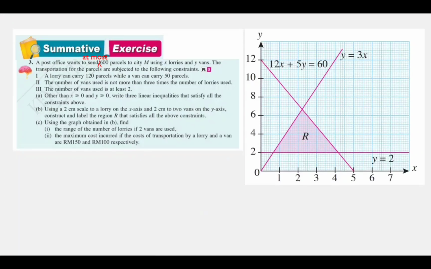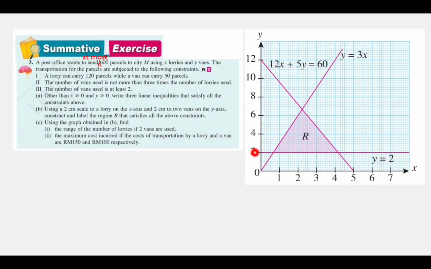C. Using the graph obtained in B, find number 1, the range of the number of lorries if 2 vans are used. So if 2 vans are used, when y is 2, what is the range of x? The number of lorries is represented by x. When y is 2, we already drew the straight line.